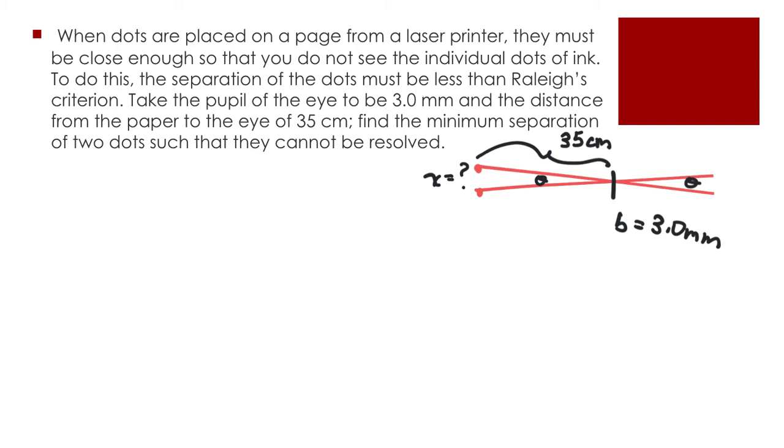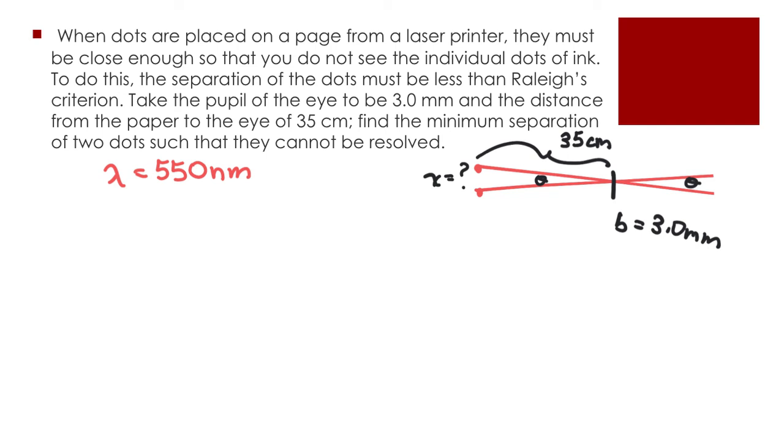So let's find the minimum separation of those two dots so that they cannot be resolved. Now we're going to need a wavelength of light, and we know that visible light is between 450 and 700 nanometers. So for the purpose of this, let's take lambda equaling 550, kind of in the middle. Don't panic. If you were doing the IB exam, they would actually have to give this to you.